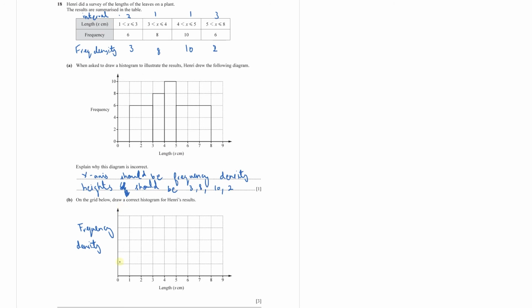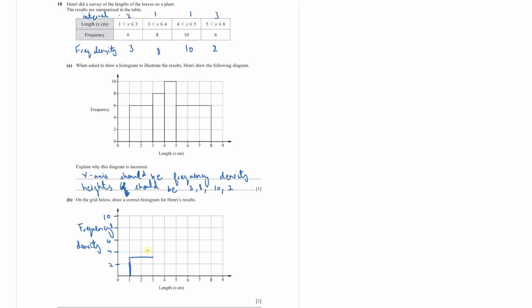Let me mark the y-axis again: 2, 4, 6, 8, and then 10. Between 1 and 3, the height should be 3, so 3 should be here in the middle. So this is your first bar.